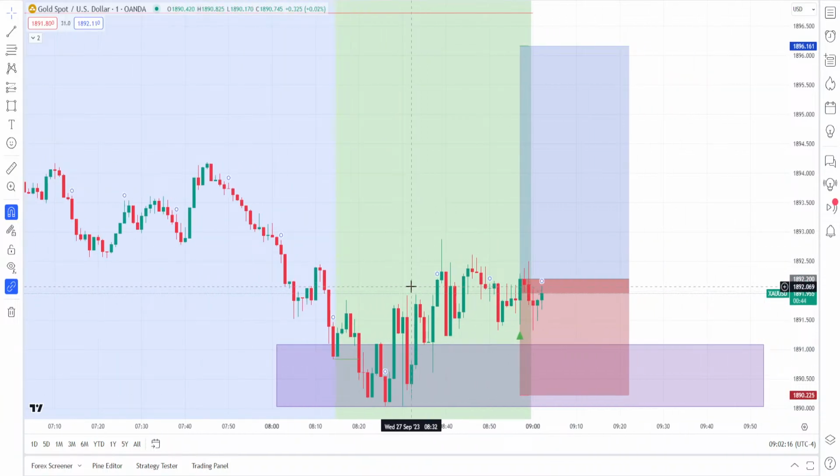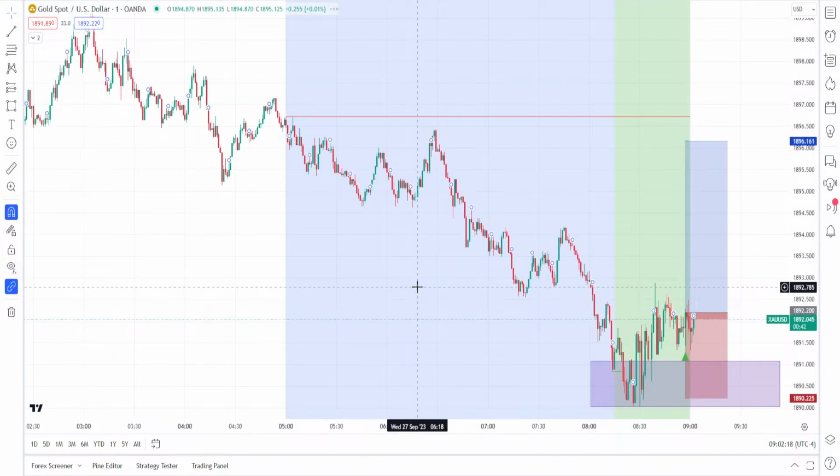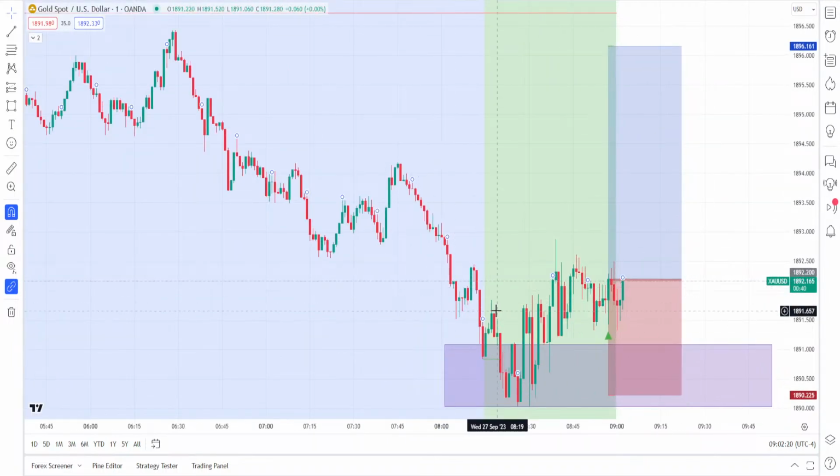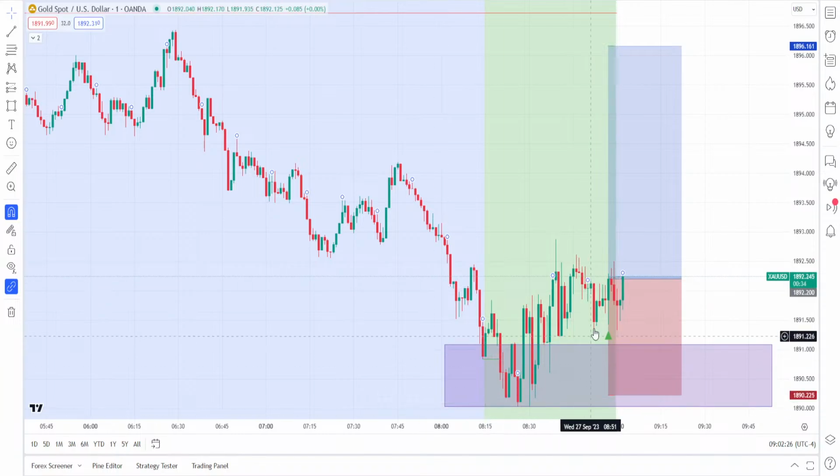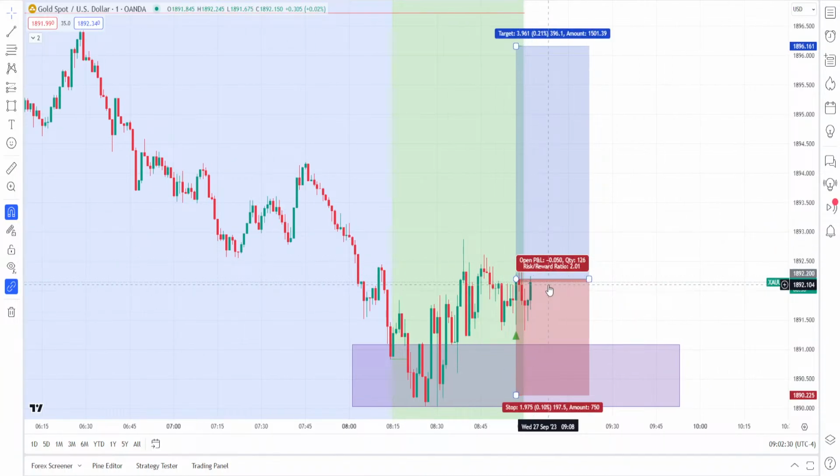Okay? Okay, so it's breaking above. Remember, it has to close above and then retest.